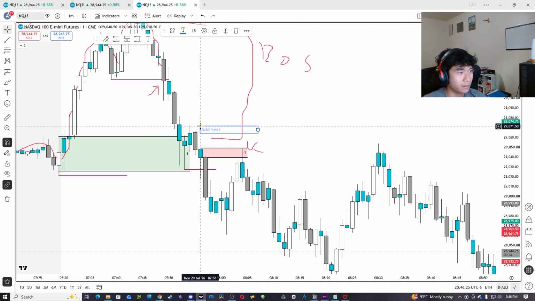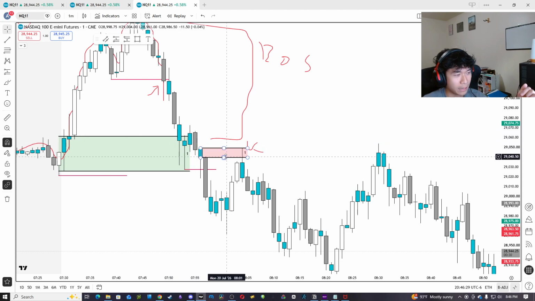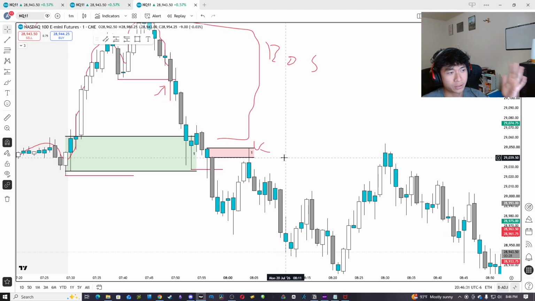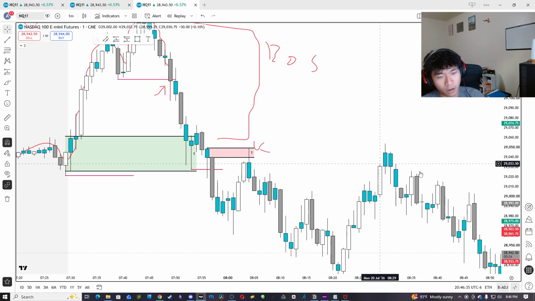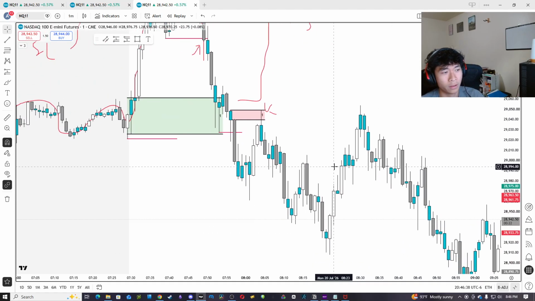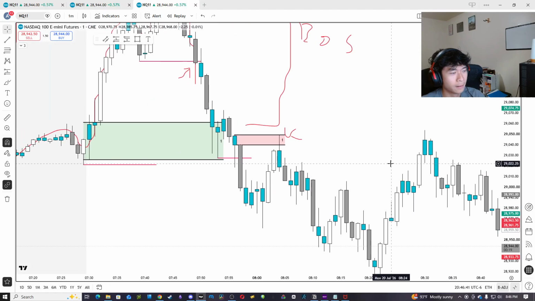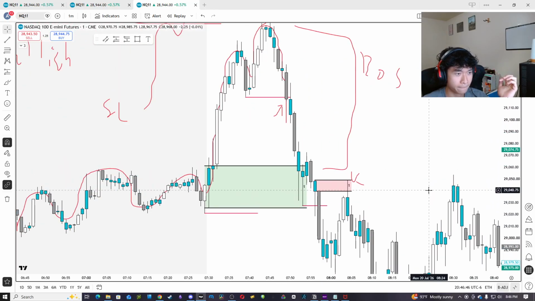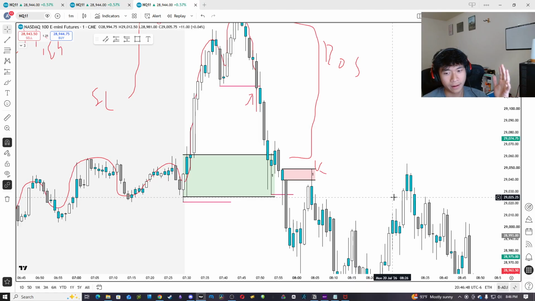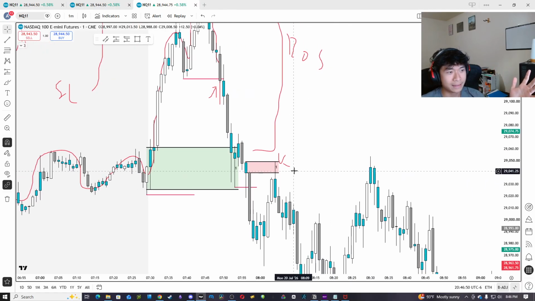There is a big banking institution right here at this price level, and if you're trading along with them, you will be profitable because they probably have some sort of clue on where price wants to go. So by joining them, you are trading with that extra probability that they also have.